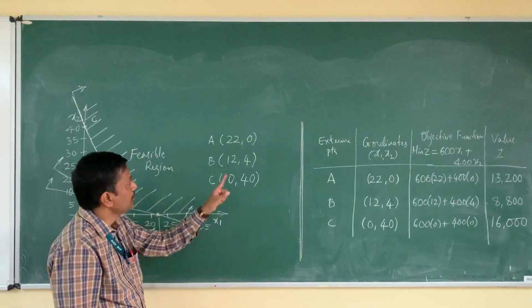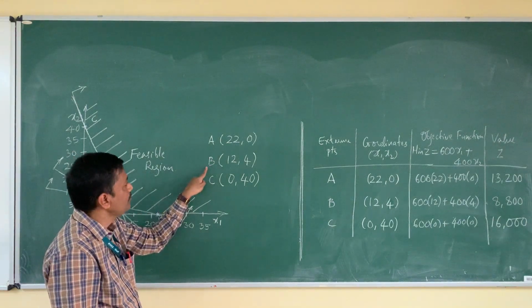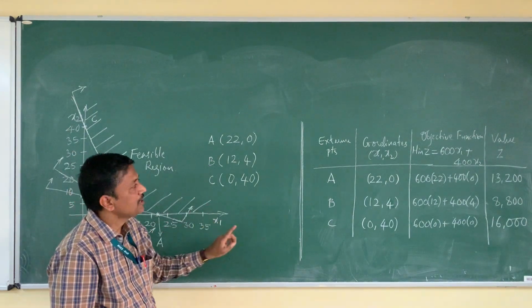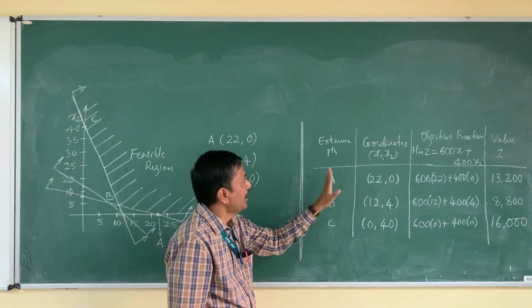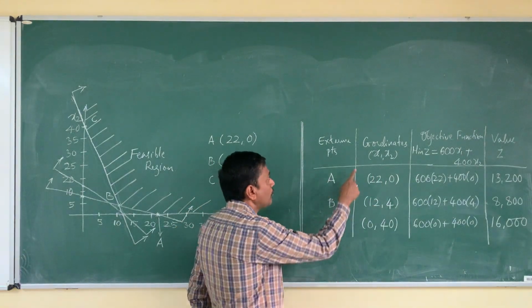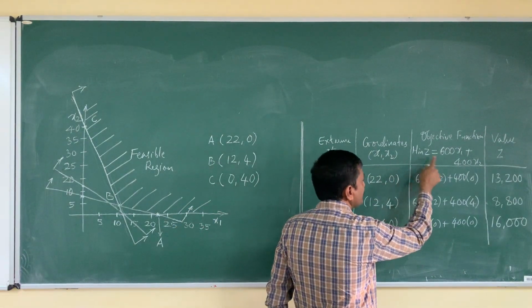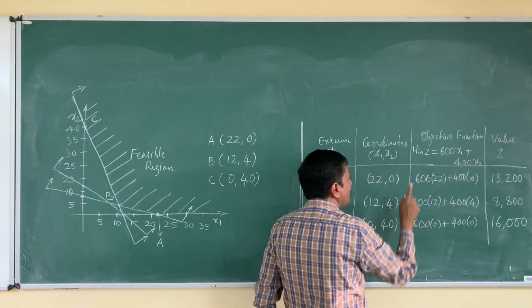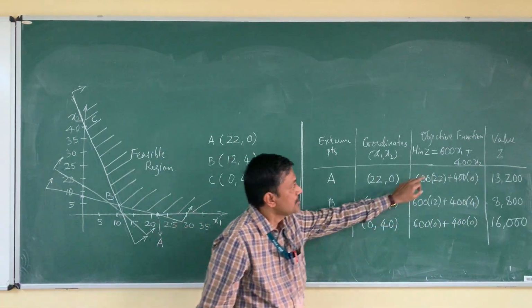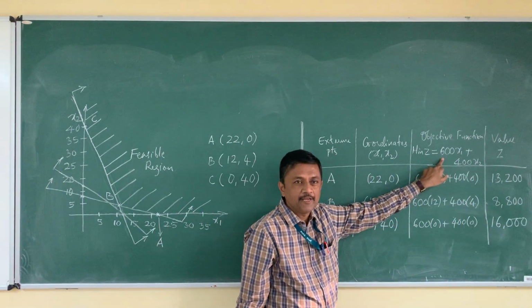After getting the coordinates of extreme points A, B and C, let us put them in this format. We have extreme points, coordinates, objective function and the value. Objective function is minimize 600x1 plus 400x2.